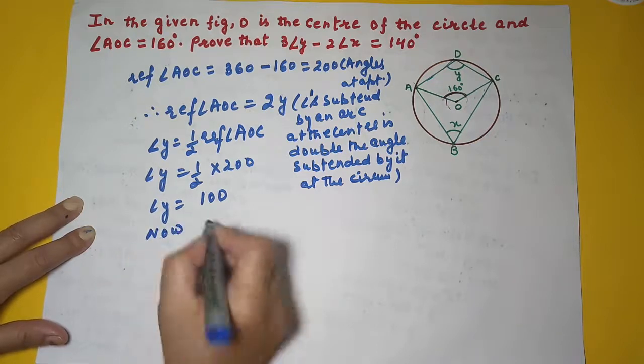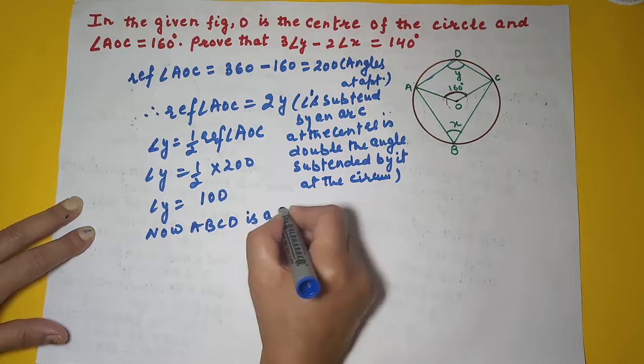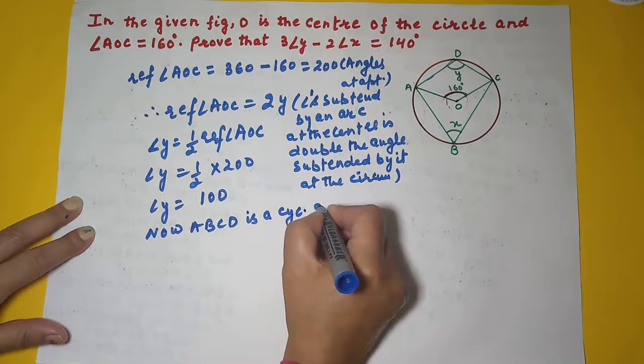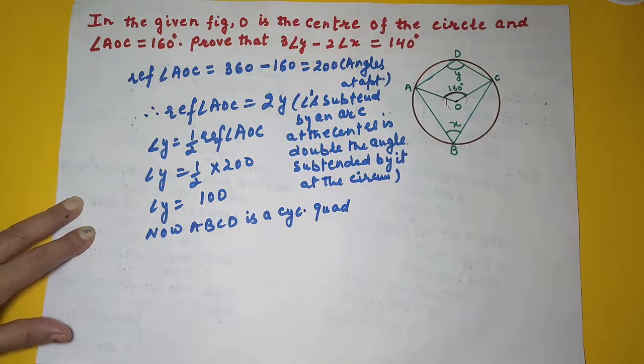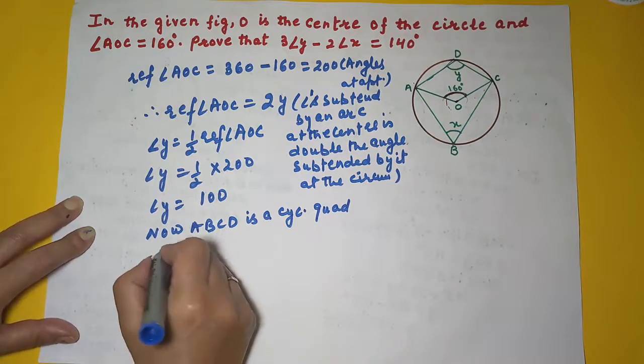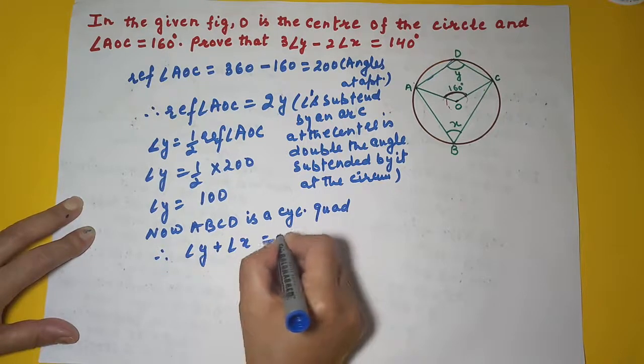Now, ABCD is a cyclic quadrilateral, is it? Yes. Why? Because all its endpoints are lying on the circumference. Therefore, angle y plus angle x equals 180.